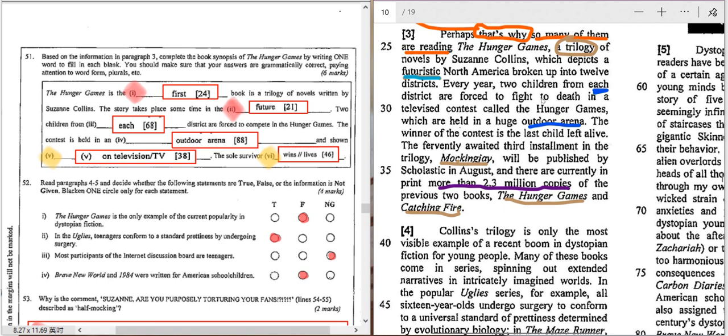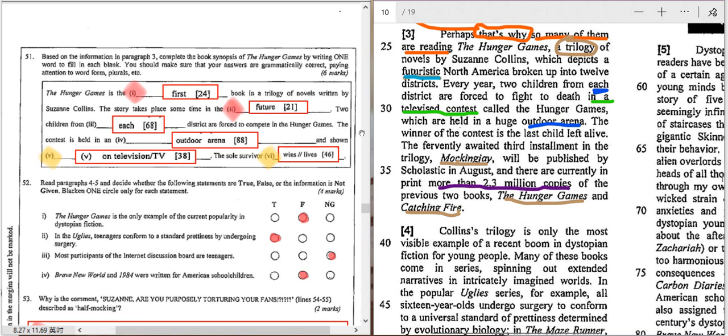What is interesting is that it is a televised contest. In other words, it's broadcast on TV, and in other words, it is shown on TV.